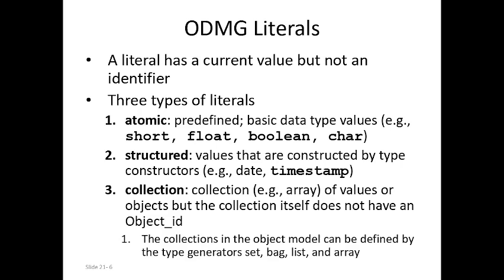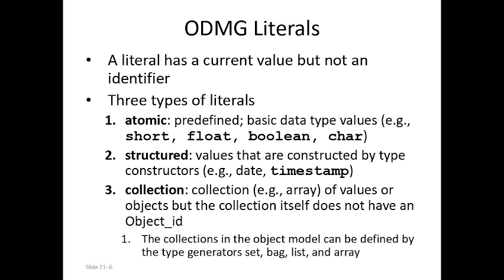And we have collection literals also. They specify a literal value, that is a collection of objects or values, but the collection itself does not have an object identifier. The collections in the object model can be defined by the type generators set<T>, bag<T>, list<T> and array<T>.